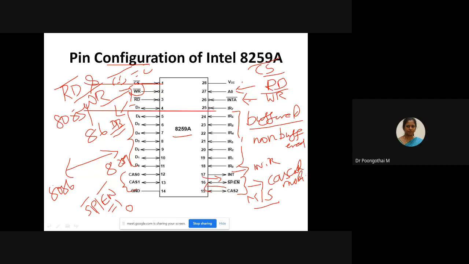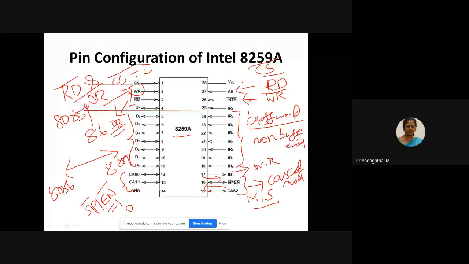It is normally connected to the CPU A0 line, similar to your 8255. So only the A0 line is used by 8259. In the previous case, device selection for your 8255, we used A0 and A1. Here only one address line, A0, is used in 8259.